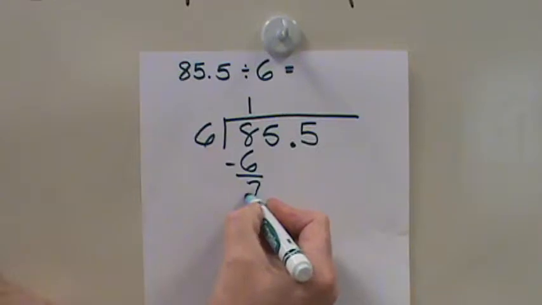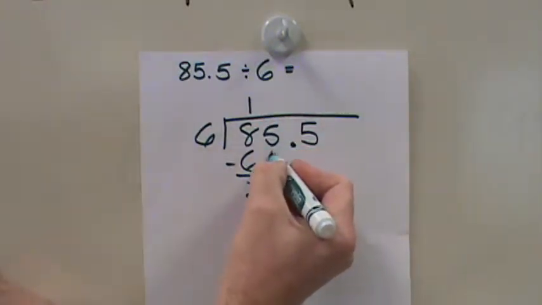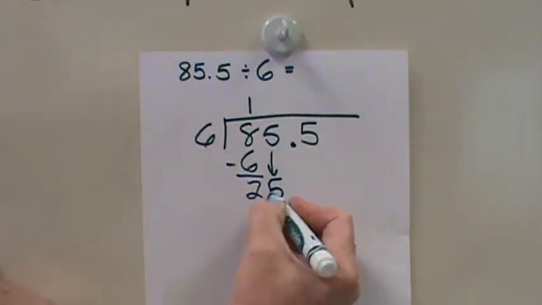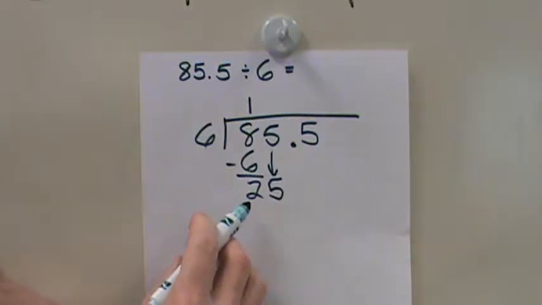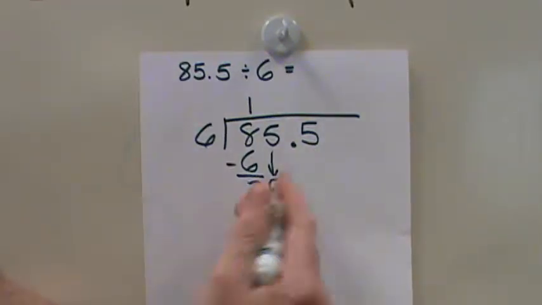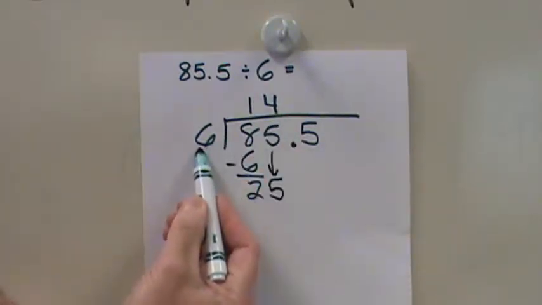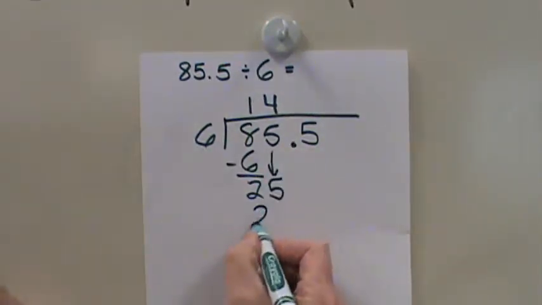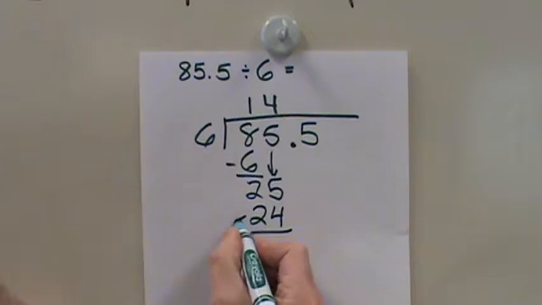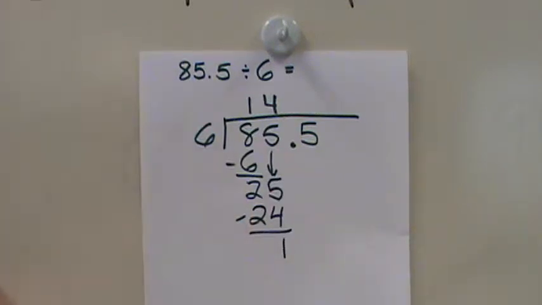Subtract, you have 2. Bring down your 5, and you have 6 into 25. 6 will go into 25 4 times. 4 times 6 is 24. Subtract, and you end up with 1.